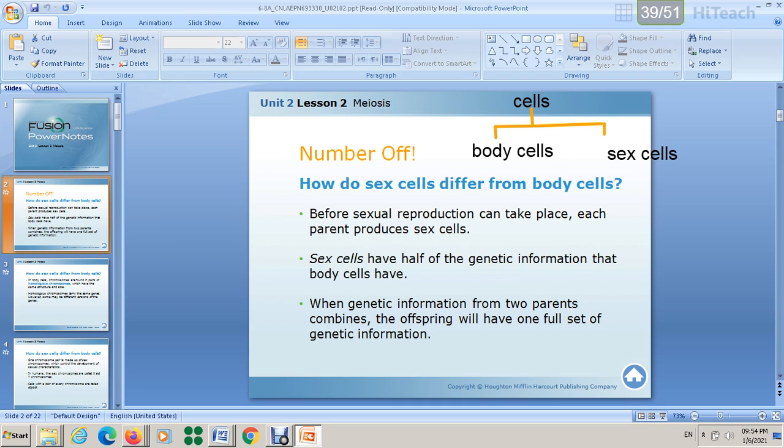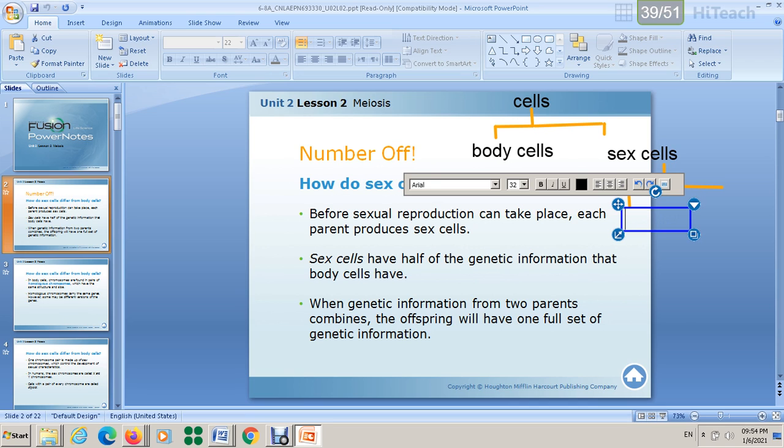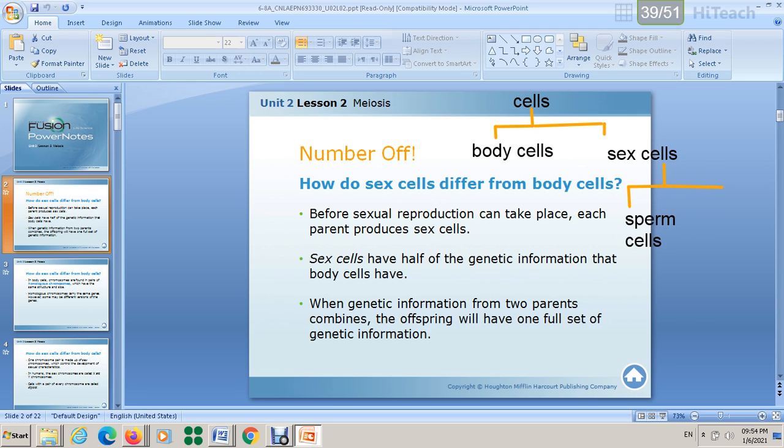Sex cells. In male, we call them sperm cells. Okay. In female, they are called what? Egg cells.